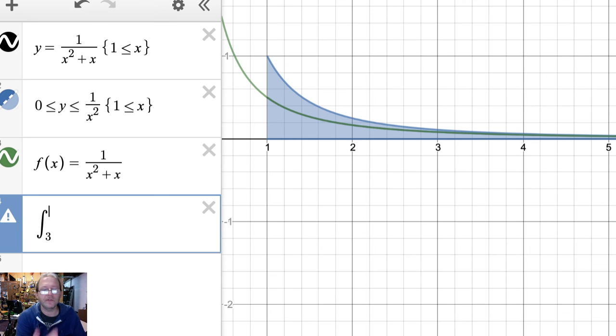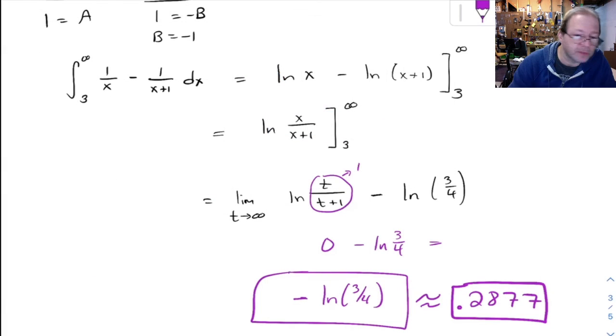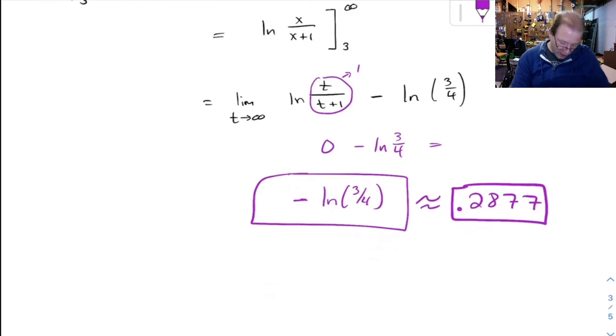Now, you can't put an infinity into Desmos, so just put in a big number. So I'm going to put in 999, integral of f of x dx. And we were expecting this to be 0.2877. That's pretty close. And if I make this number bigger and bigger, it should get closer and closer to the actual number. And sure enough, it is. 0.2876 something, close enough.